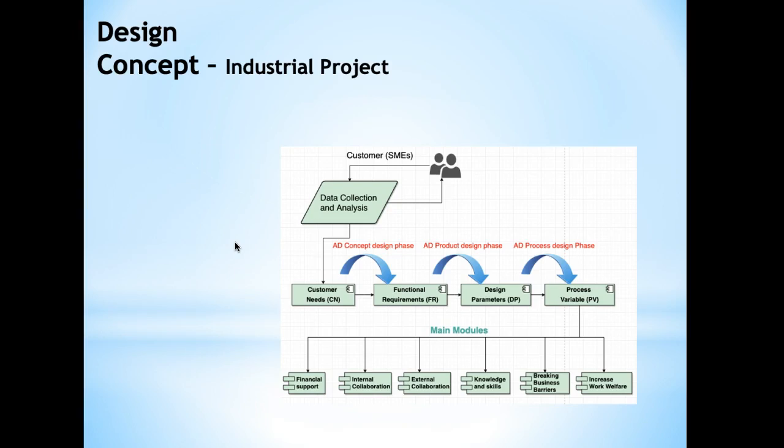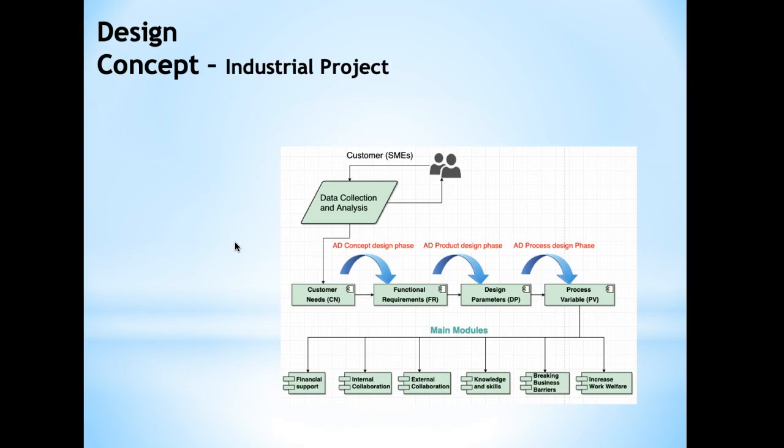Now, after the main design, I tried to come up with a design concept for the industrial project. This design concept is shown below with the customer, and the project team interacted with the customer to collect and analyze data. From the data, we get the customer needs, that is the CN.